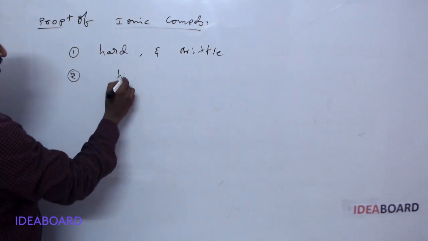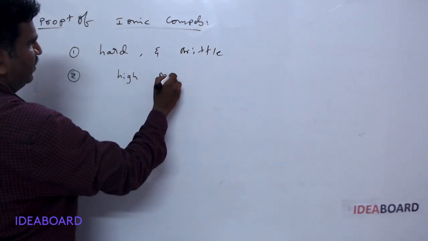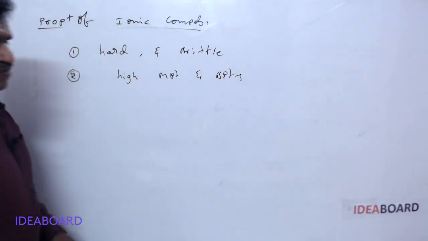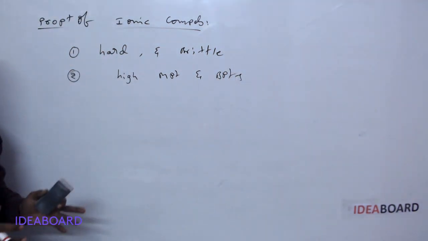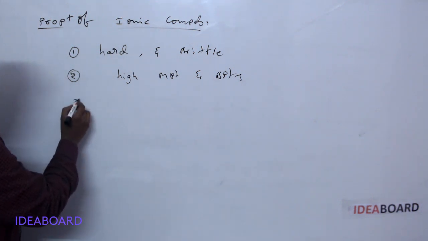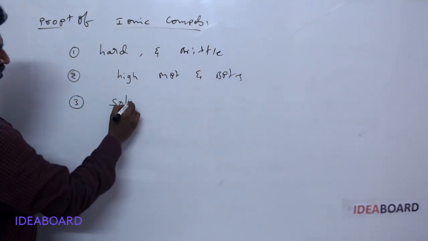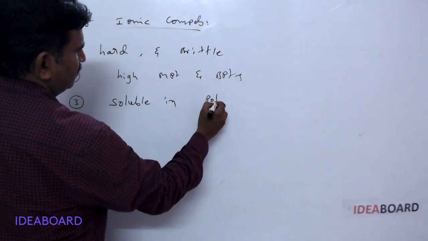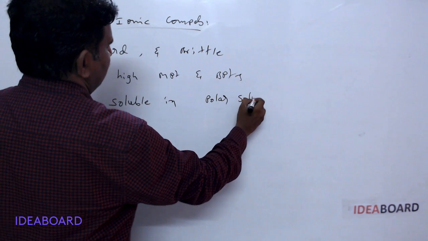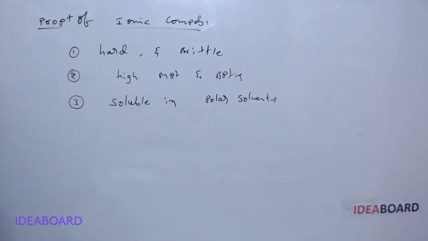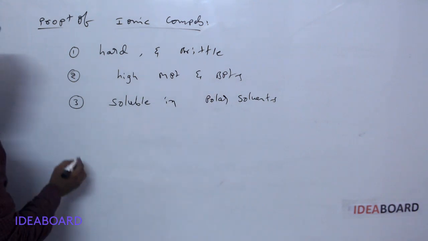They have high melting points and boiling points. Simply, why? Because they have strong electrostatic attractive forces. And they are soluble. Ionic compounds are soluble in polar solvents. Like dissolves like, so polar compounds dissolve in polar solvents.